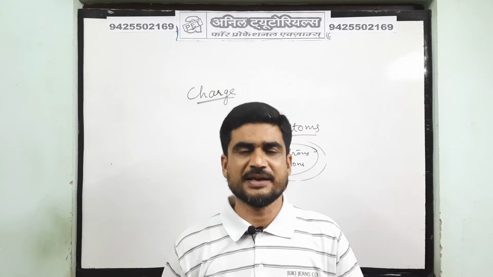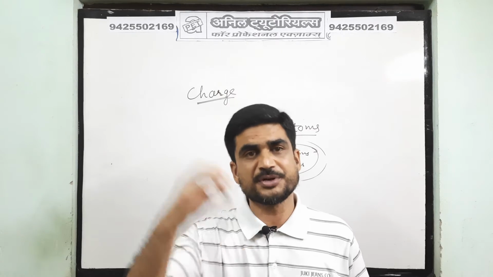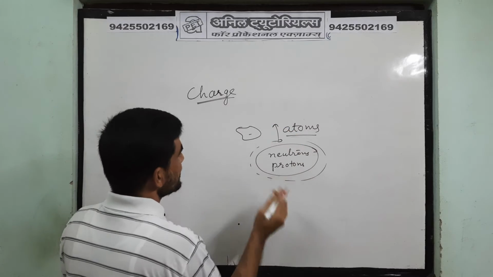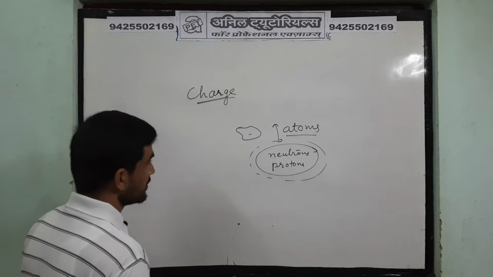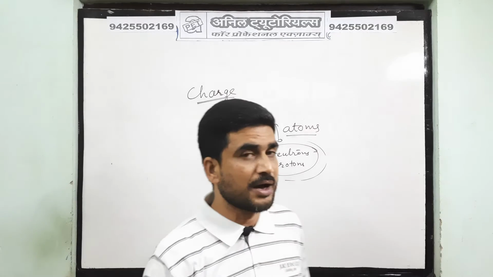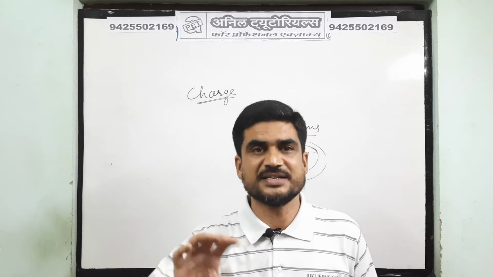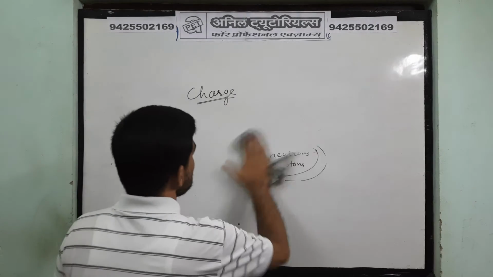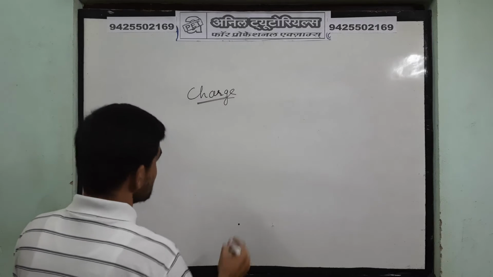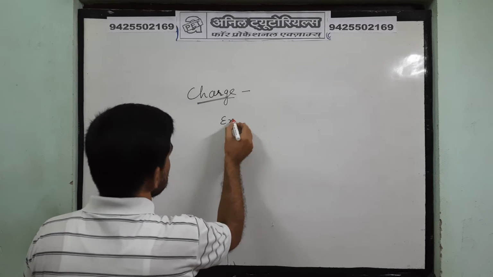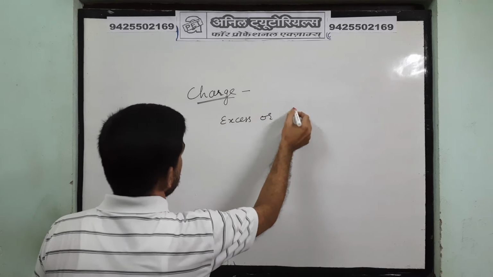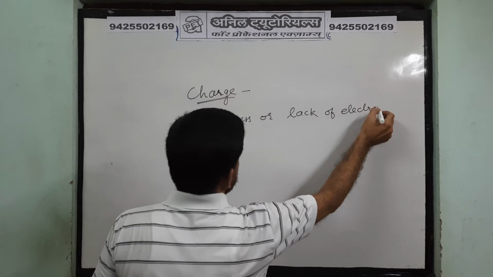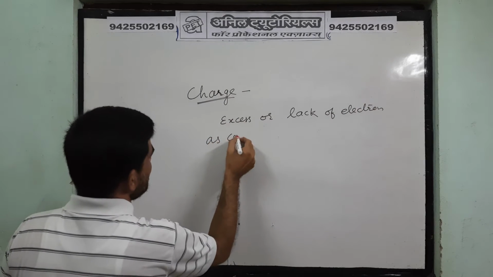But for any reason, suppose you take out some of the electrons, then it becomes charged. So by removing or adding electrons, we can charge a substance. Clear? So in simple language, we can say charge is an excess or lack of electrons as compared to protons.